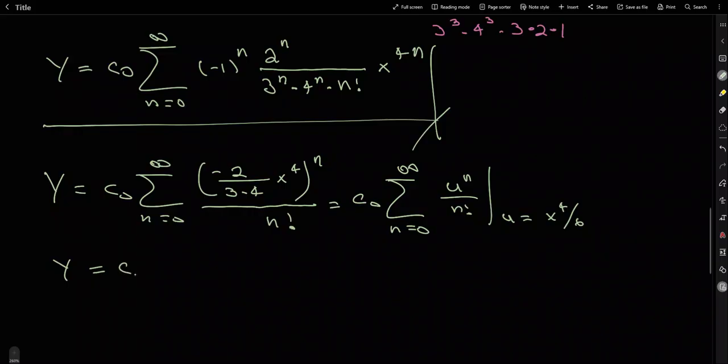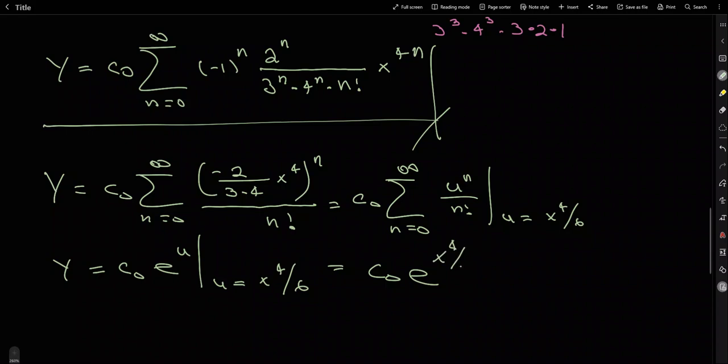Oh no, actually no more sigma. That's simply e to the u, where u equals x to the fourth over 6, which is c sub 0 e to the x to the fourth divided by 6. Final answer. All right.